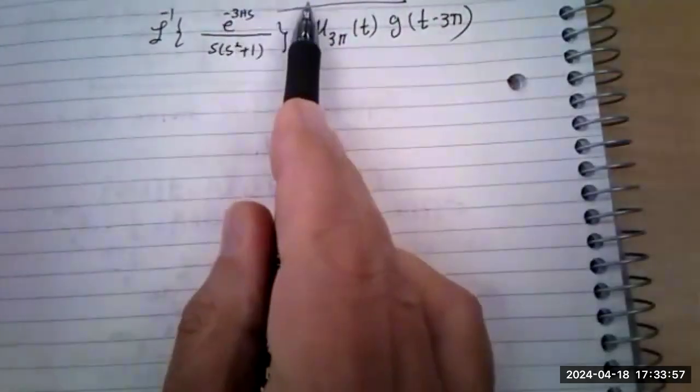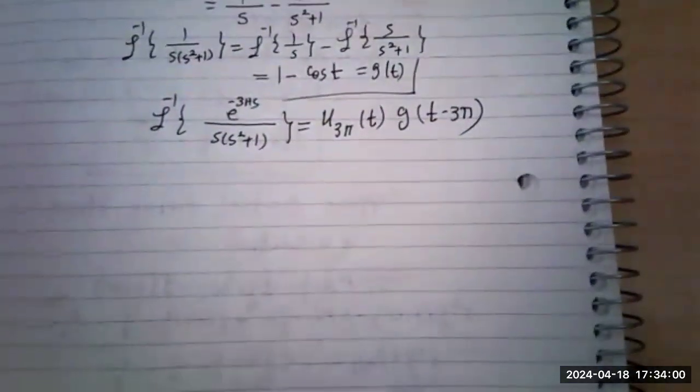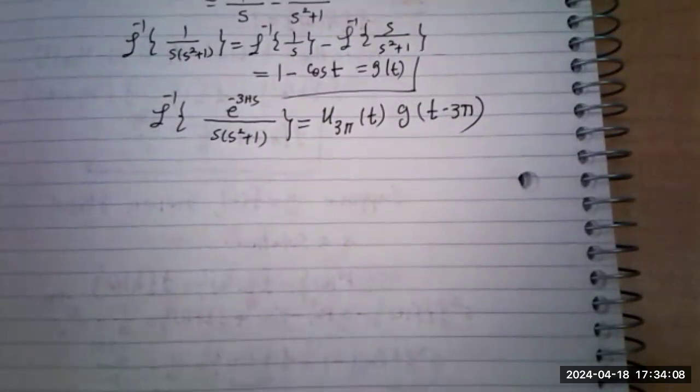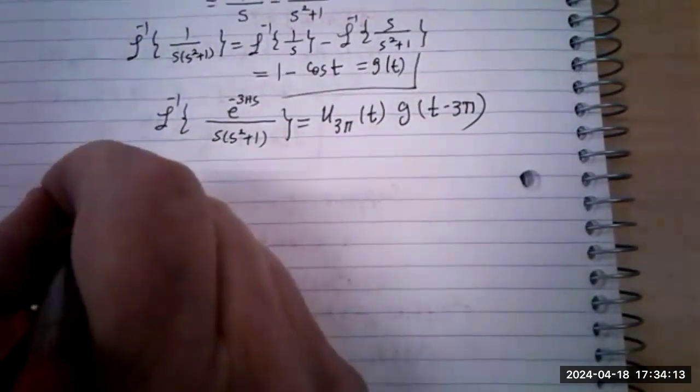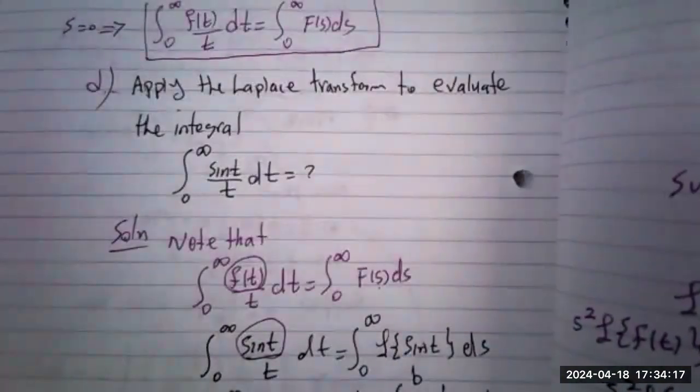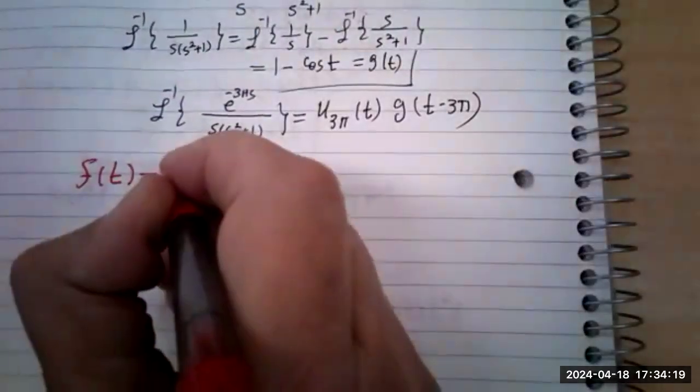So if you go to that function that you have, change the t into t minus 3 pi, you get this right away. You can do it if you like, but it's short. So the final answer is going to be this one. f of t is equal to, remember, we did have sine t to start with.